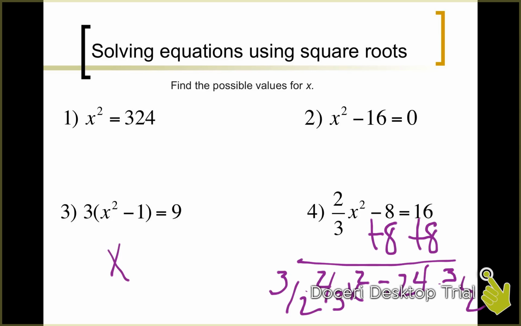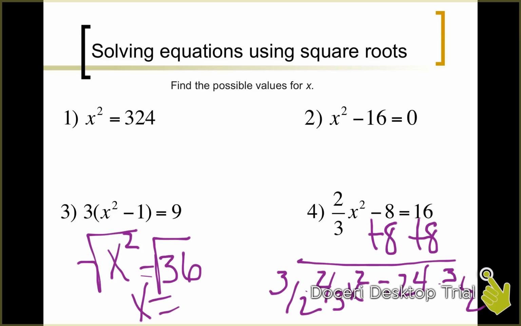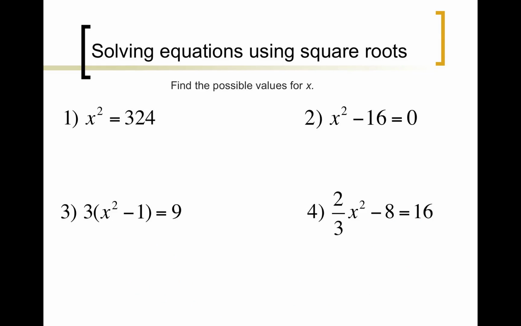So now I have x squared is equal to 36. Then we're going to take the square root, and x is equal to plus or minus 6. See? Distribution is not always the way to go. See if you can try this one all on your own.